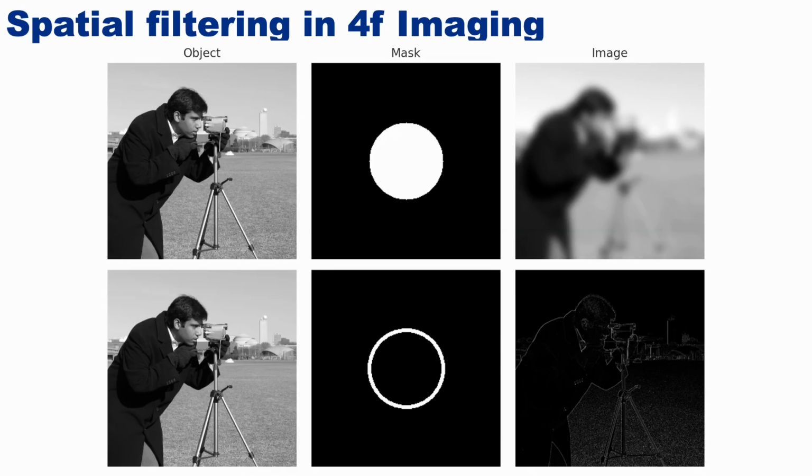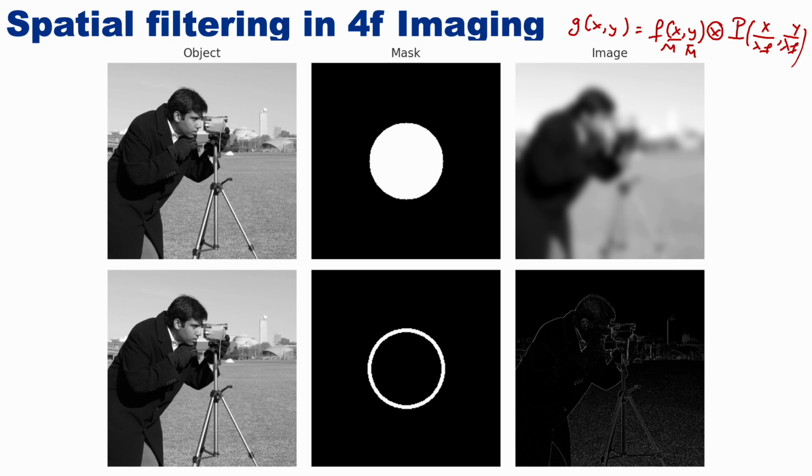So I want you to think about, and this is a really important point to finish the class, what is the mask doing for us, right? When we have object, mask, and image, we know that the image is the convolution of the object, a scale version of the object, with the Fourier transform of the mask with some scaling, right?